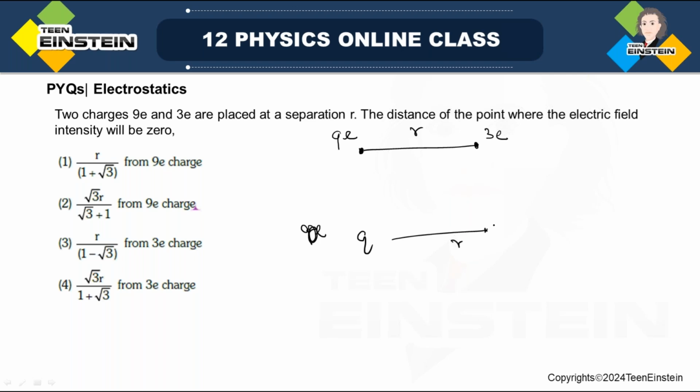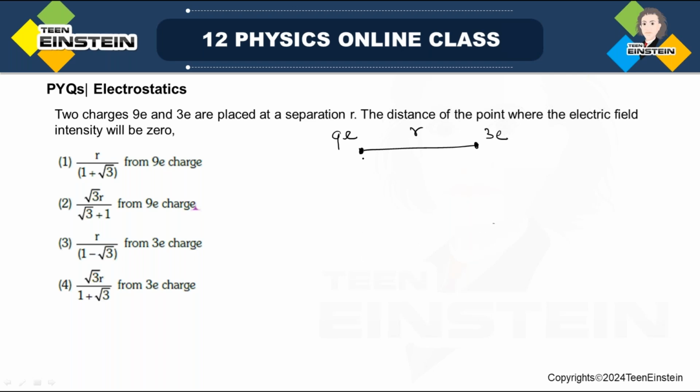Then you have to keep one unit charge, suppose a 1 coulomb positive charge, here, and the force exerted by this q charge on this 1 coulomb charge at a distance r is giving you the electric field intensity at that point.